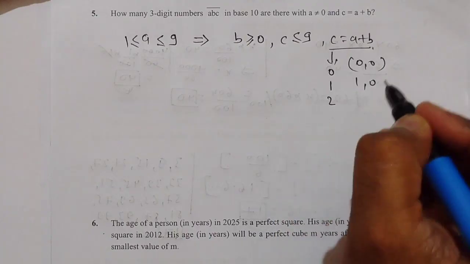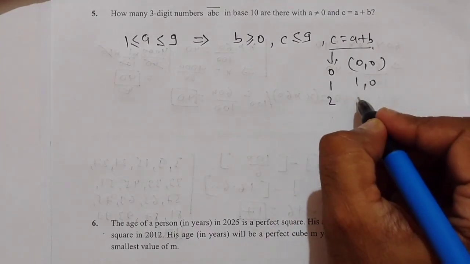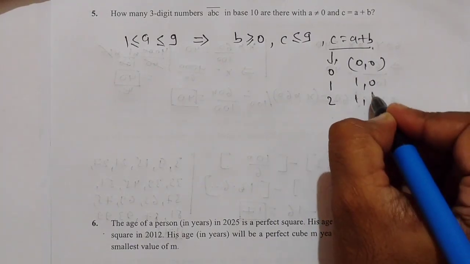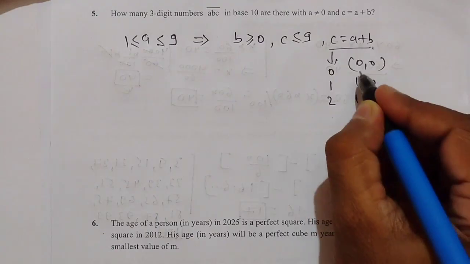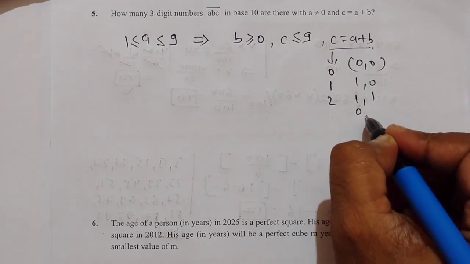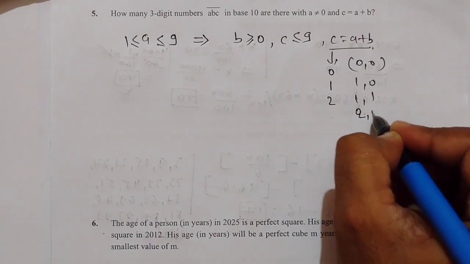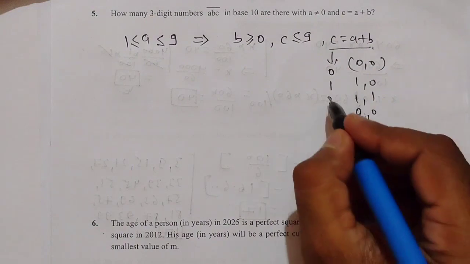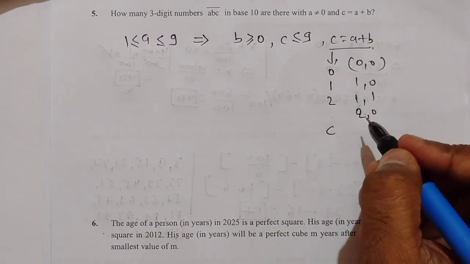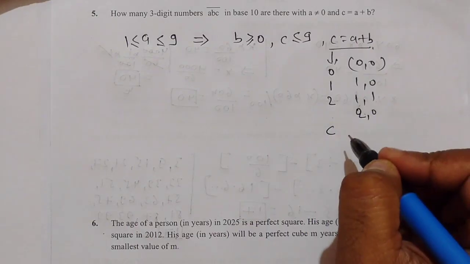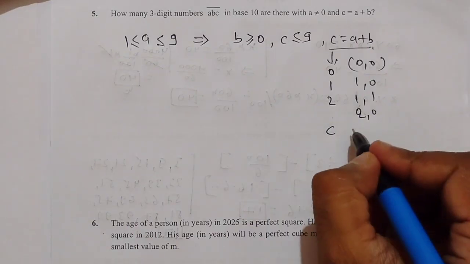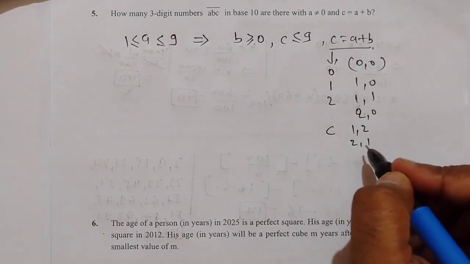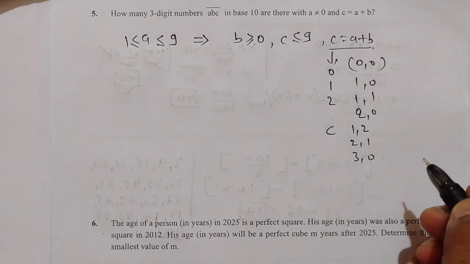Now if we use C equal to 2, then we have A 1 and B 1, and also A 2 then B 0, and if we are using C equal to 3, then we have the values like 1 2, the second is 2 1, and the third is 3 and 0.